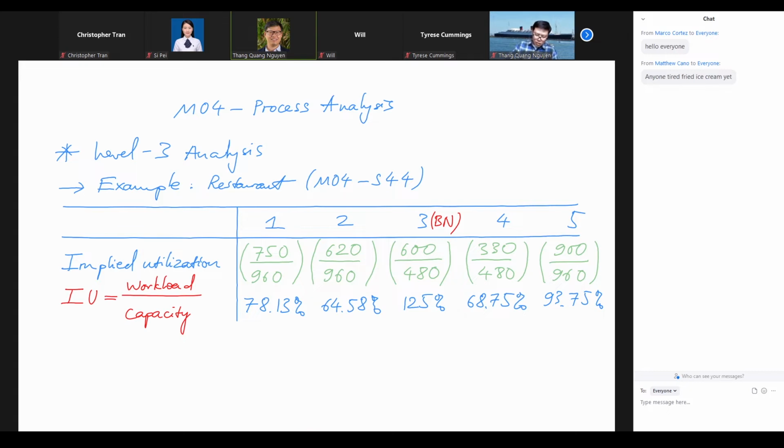Let me make a note here. So for a complex process like this, the only way to find the bottleneck is to look at the IU, right? So for a complex process like this, the bottleneck is the resource with the highest IU.